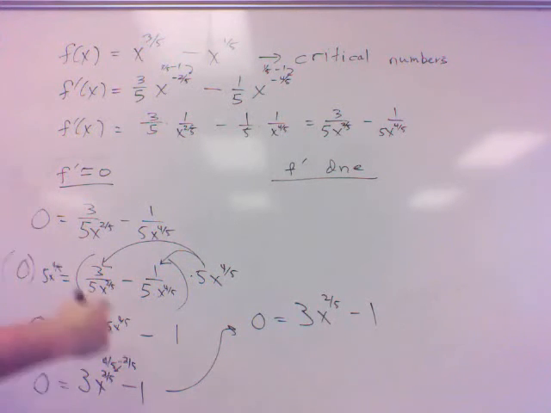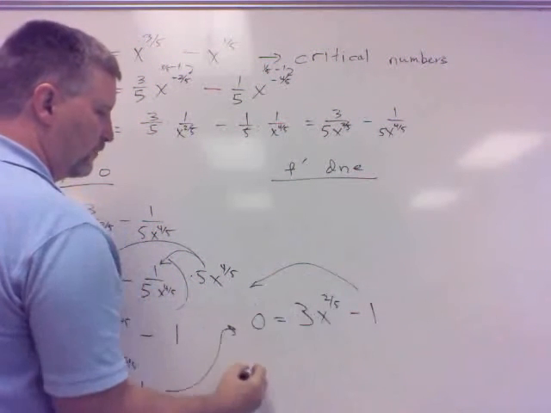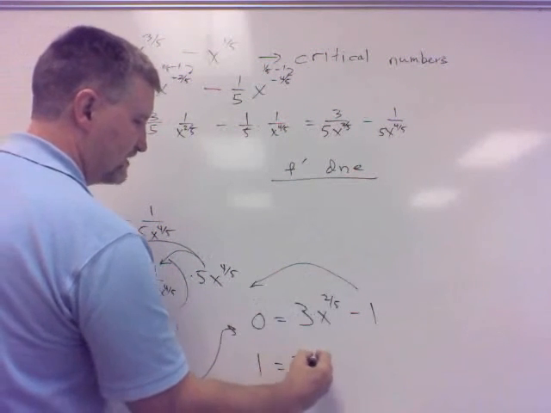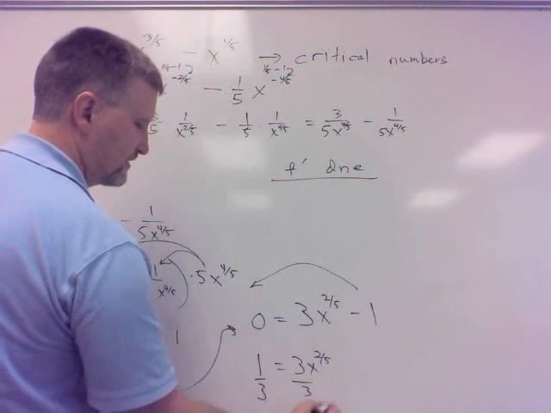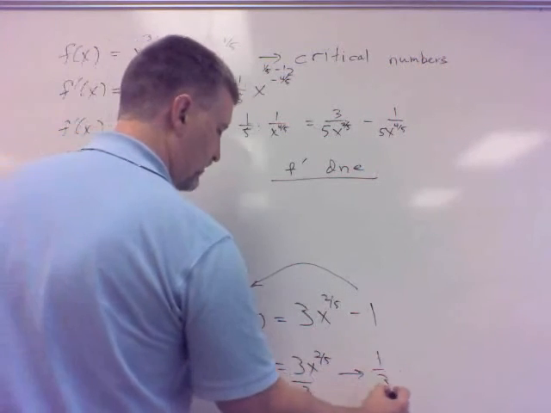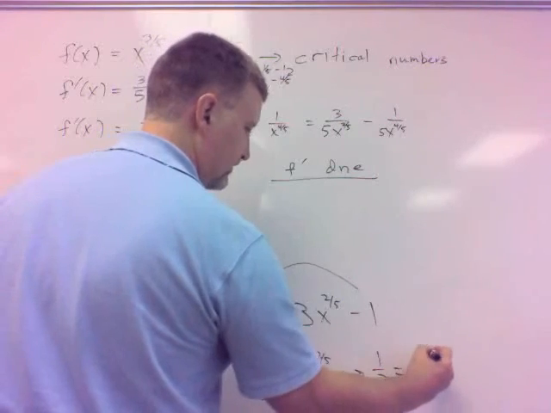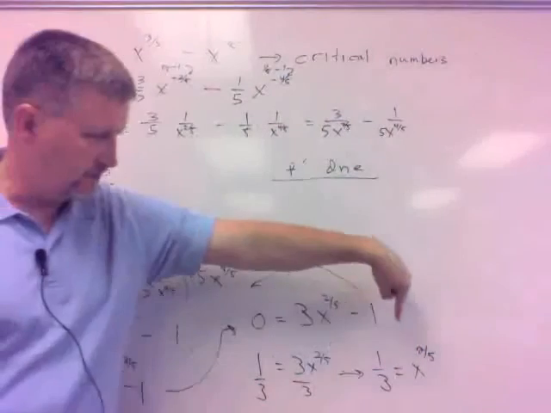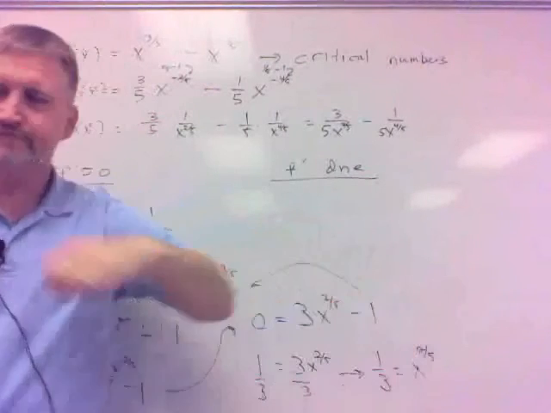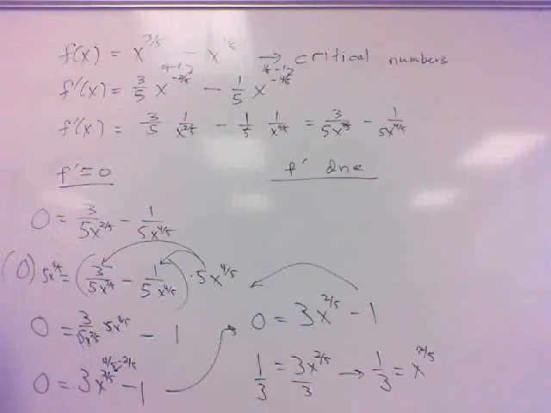Let's move that 1 over here. Add 1 to both sides. And let's divide by 3. Seems reasonable, doesn't it? So we get 1/3 equals x to the 2/5. Now that is, the 5 denominator means 5th root, doesn't it?